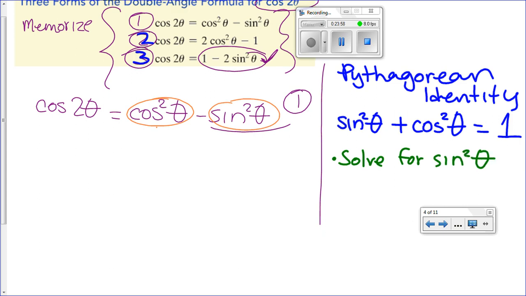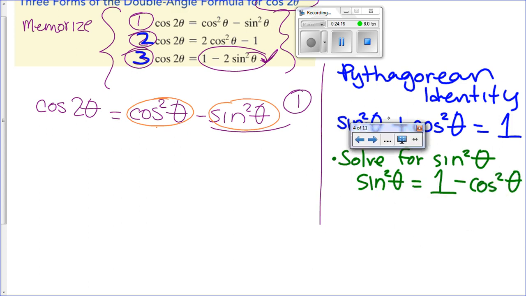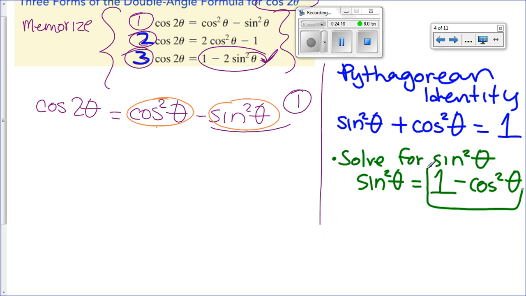So it will be sine squared theta, and then here on the right side I have a 1. And then, Emily, what will happen to this positive cosine squared theta once I move it to the right side? It will be negative. Very good. So this right here is what we're going to use to substitute sine squared theta.